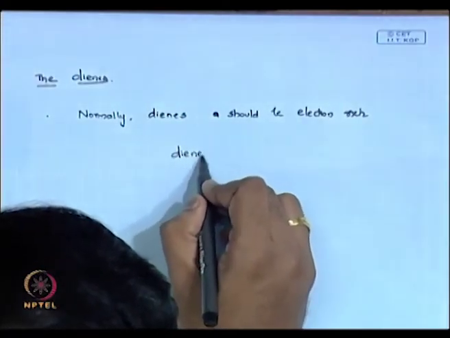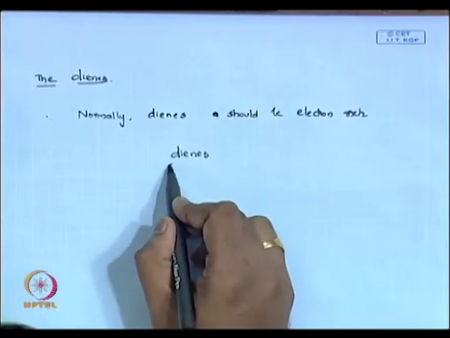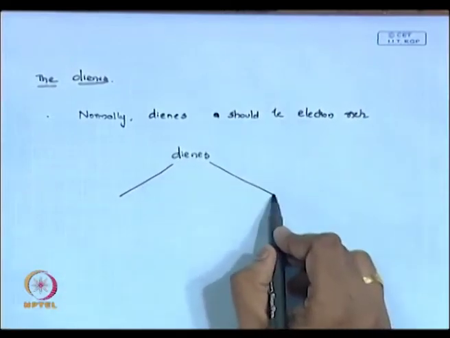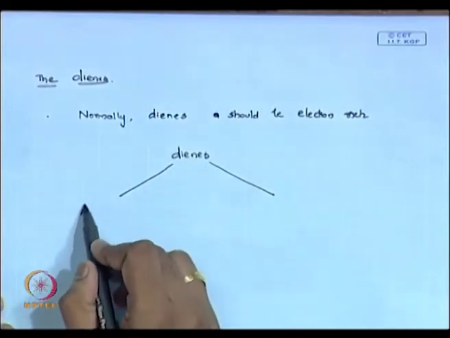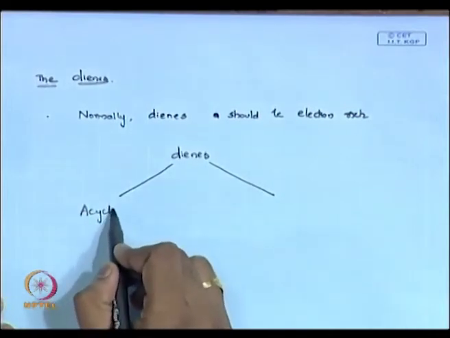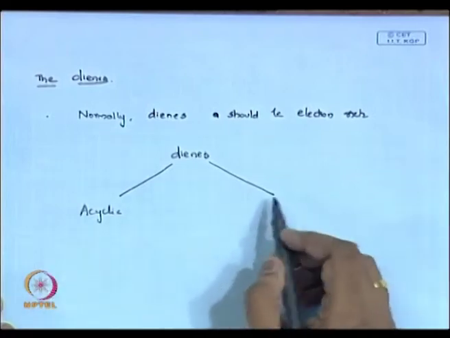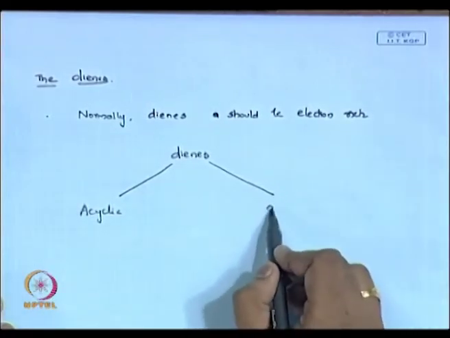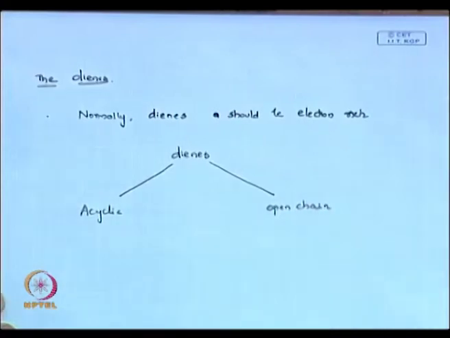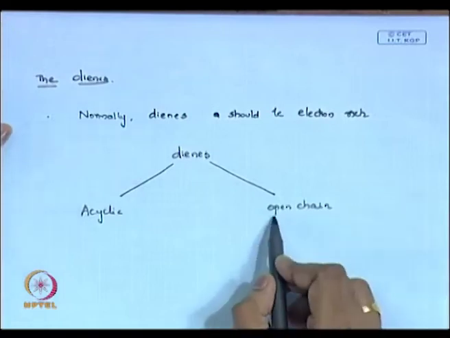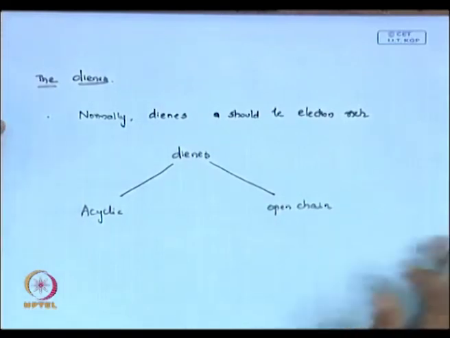There are mostly two types of dienes which you see in the Diels-Alder reaction. One, you see cyclic dienes a lot. Another, you see open chain dienes. If we take an open chain diene, what is the best example?